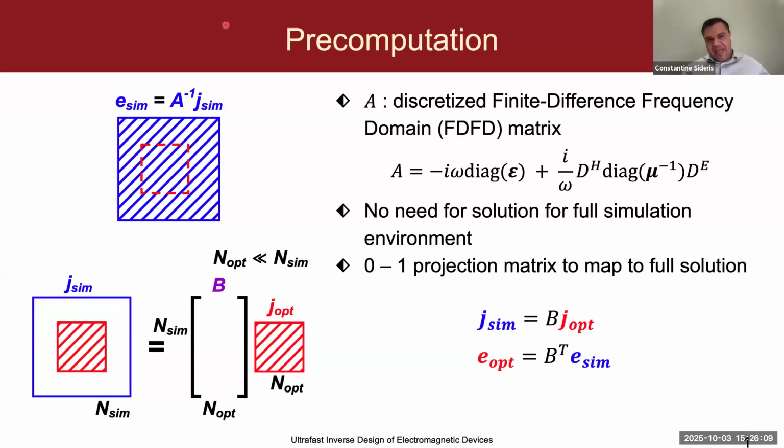It expands that and plugs those into the right locations in J sim, which is the full simulation vector corresponding to the discretized domain A. So then, by definition, the transpose of this matrix, B transpose, can now take the full simulation fields that, after solving with A inverse, E sim, and extract the E field components, E opt, within this optimization domain.